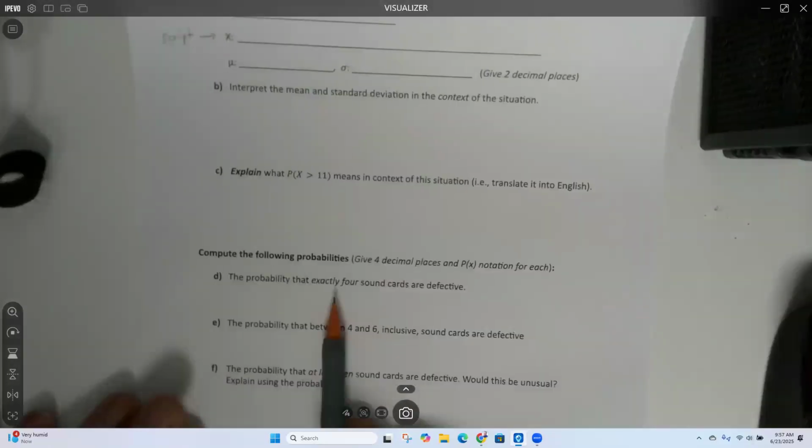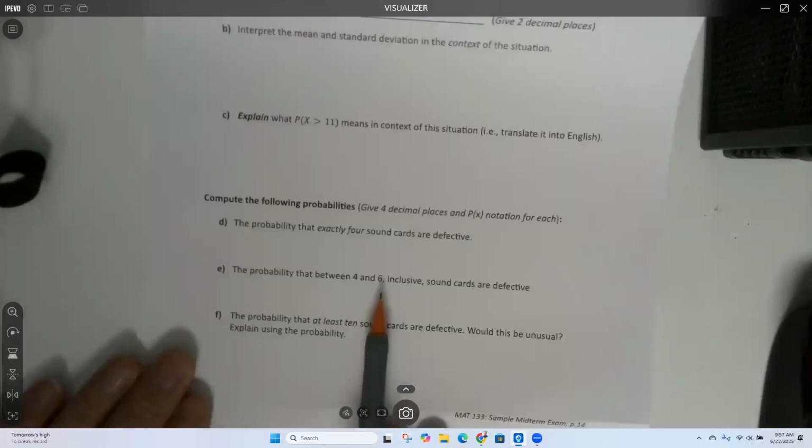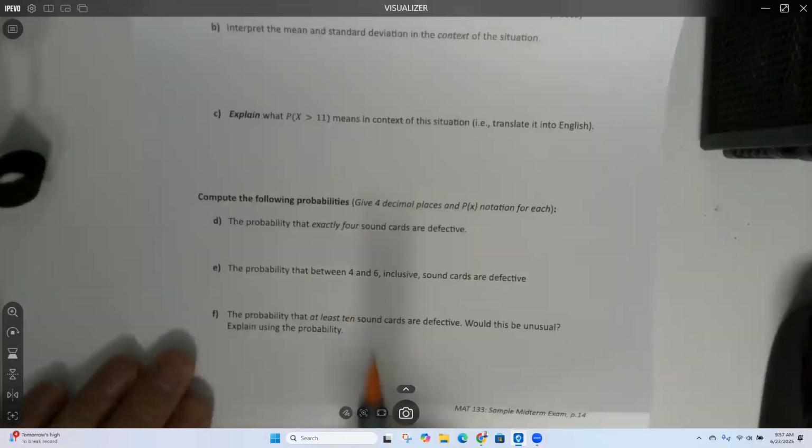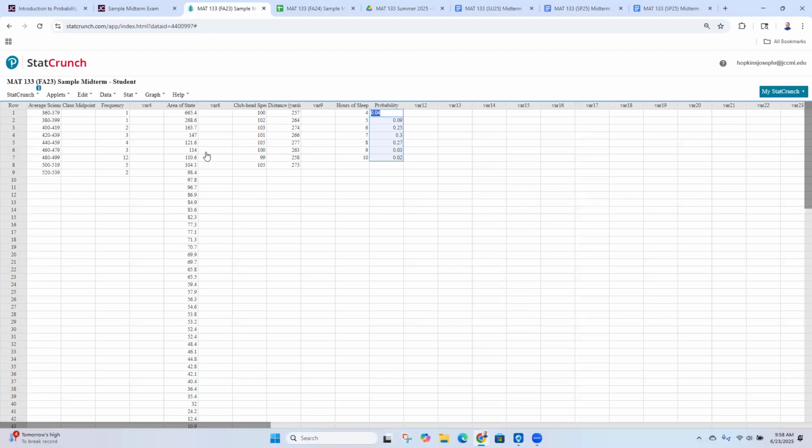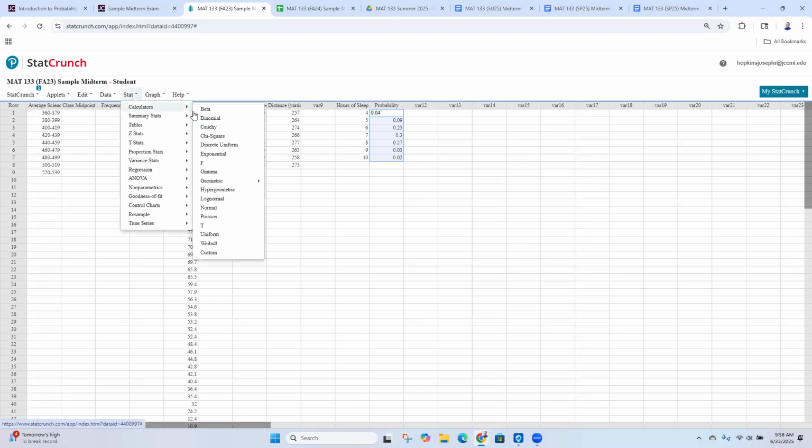Compute the following probabilities. The probability that between 4 and 6 inclusive sound cards. So over here in StatCrunch, you'll do Stat, Calc, Binomial.